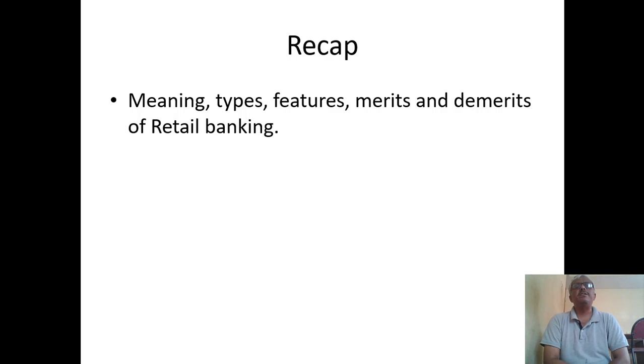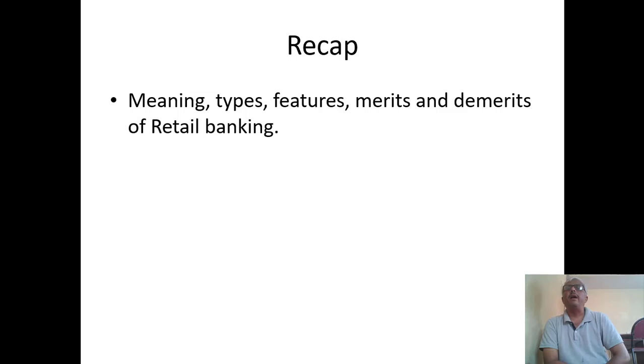Then the types in retail banking, with different sets of customers being added, have been discussed. Then the features of retail banking have also been discussed. Merits: the important merits of retail banking, where it is customer driven and integrated management of customer interest is taken care of.